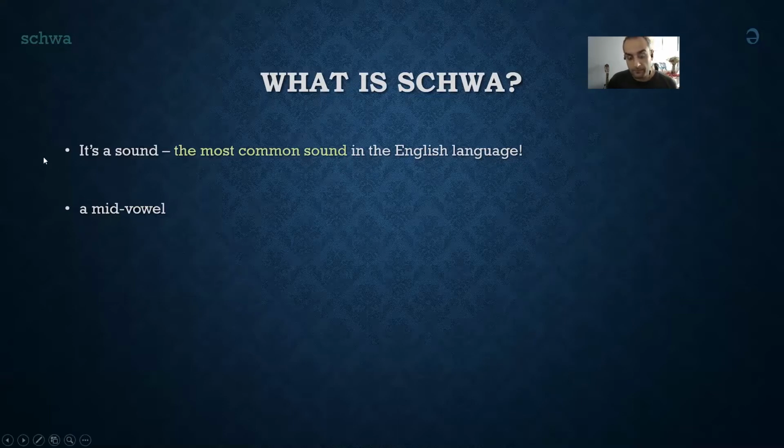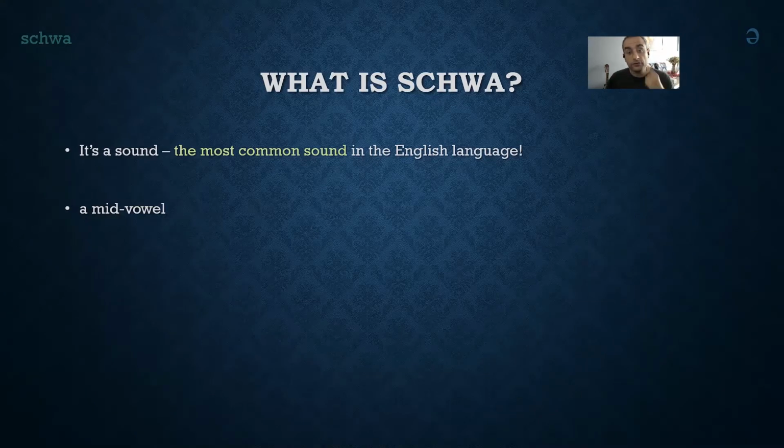It's a mid vowel, I say here. What does that mean? Vowels are categorized based on the position of your tongue, basically. They are also categorized based on the shape of your lips sometimes, like rounded and unrounded. Like o, u, these are rounded, but a, e, these are unrounded, right?